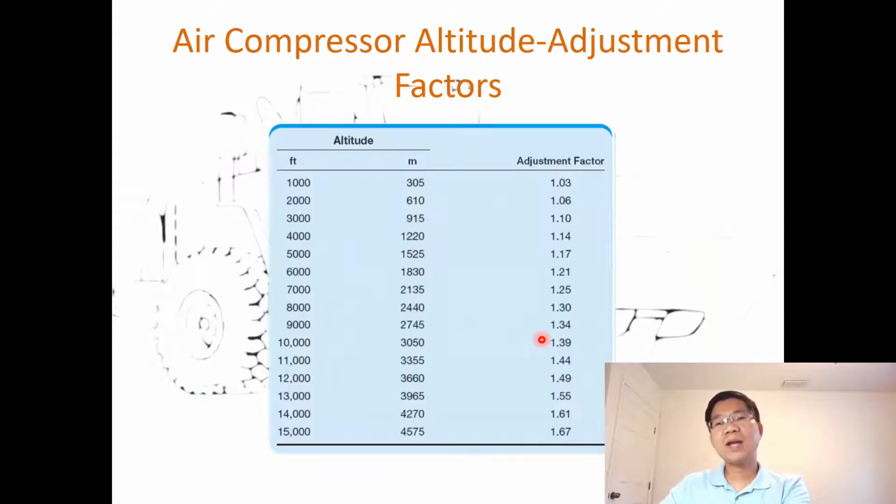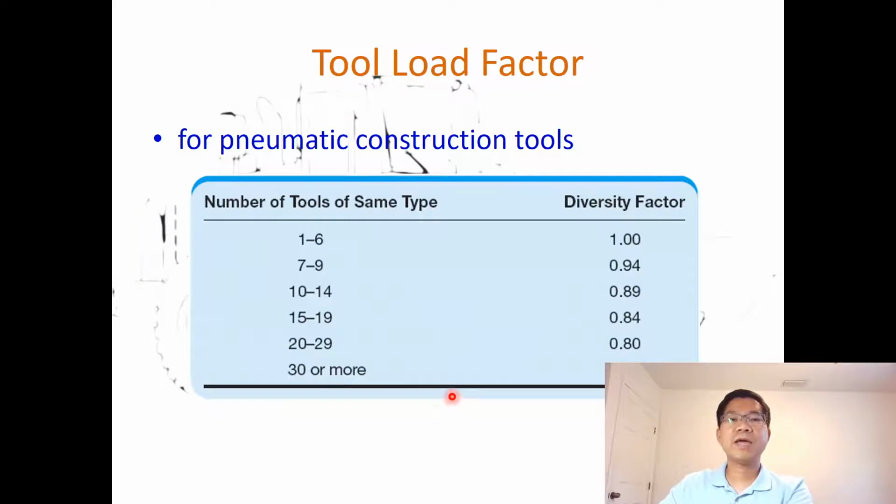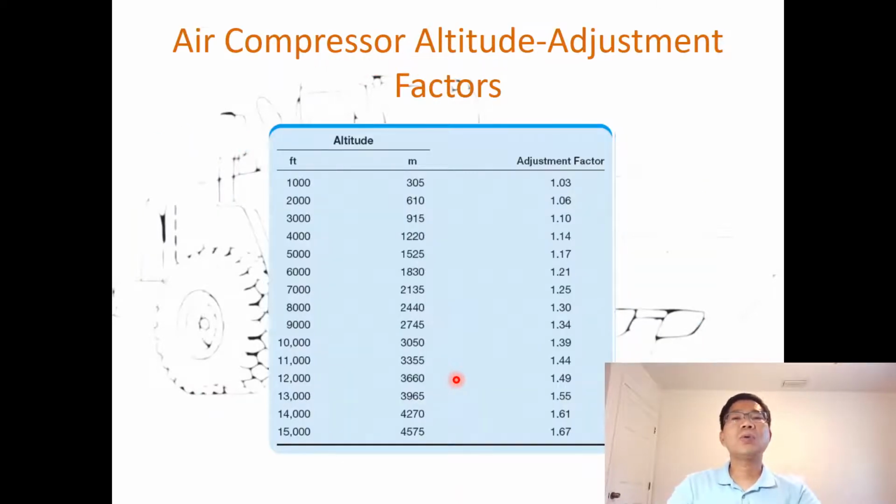And then the next one is the chop load factor. Then we also apply an adjustment for altitude, because the higher you go, the pressure changes.